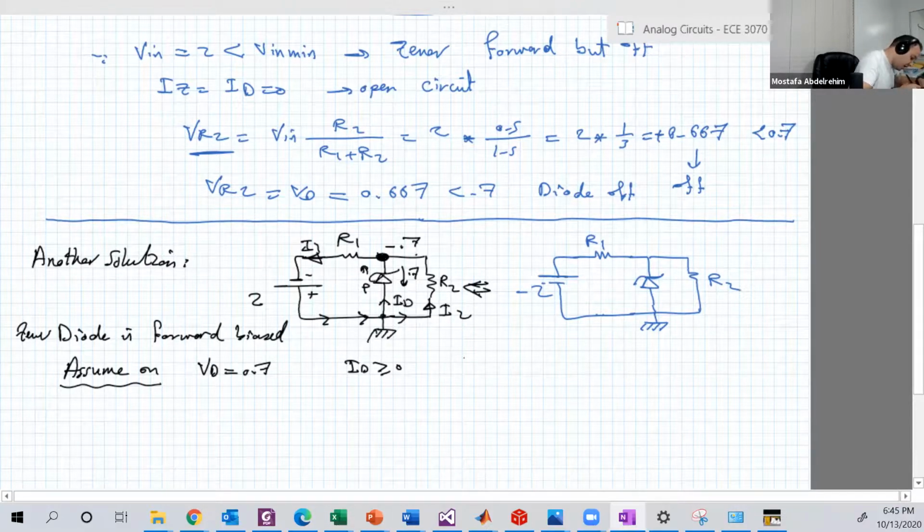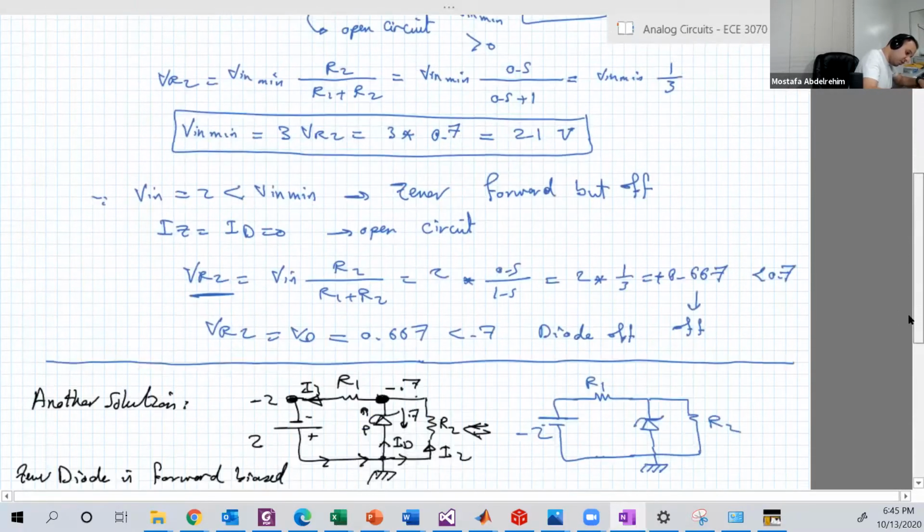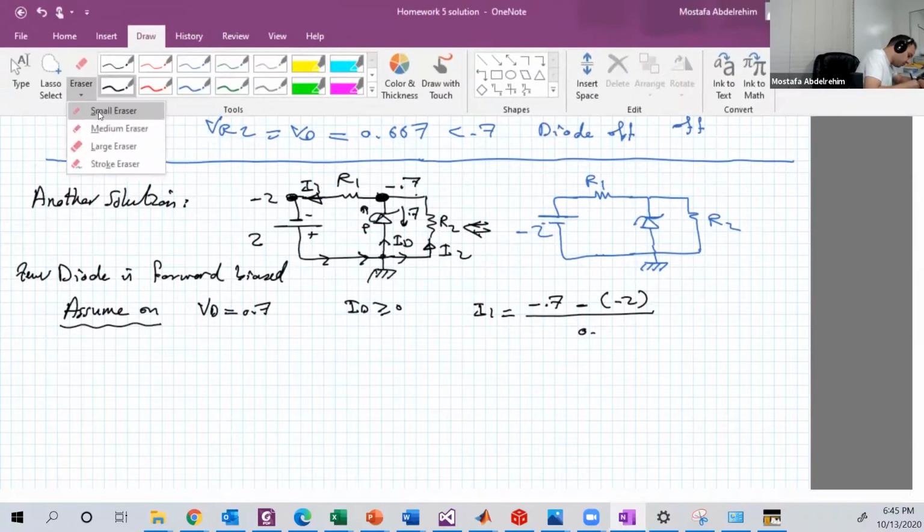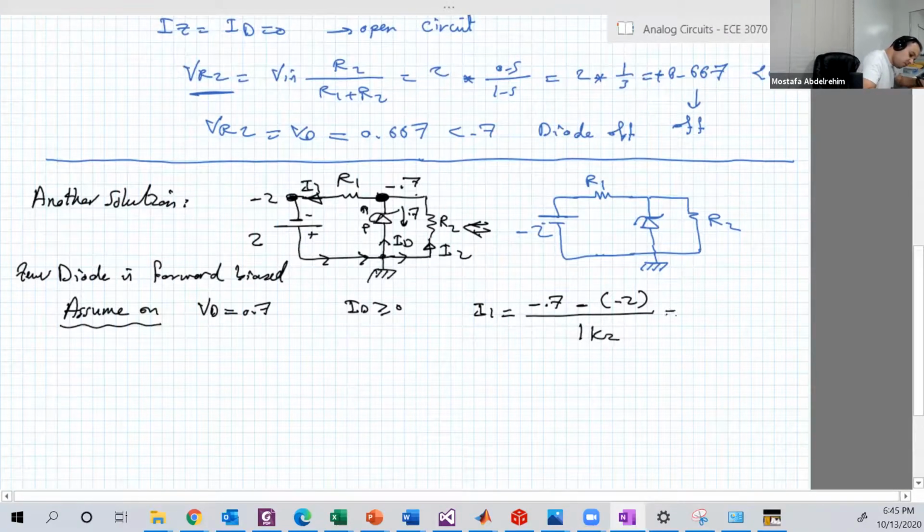So I1 is equal to this point, minus 0.7, minus this point, which is 0 and this is 2, so minus 2, over R1, which is 1 kilo ohm. So minus 0.7 plus 2 over 1 kilo ohm. So I1 equals 1.3 milliamperes.